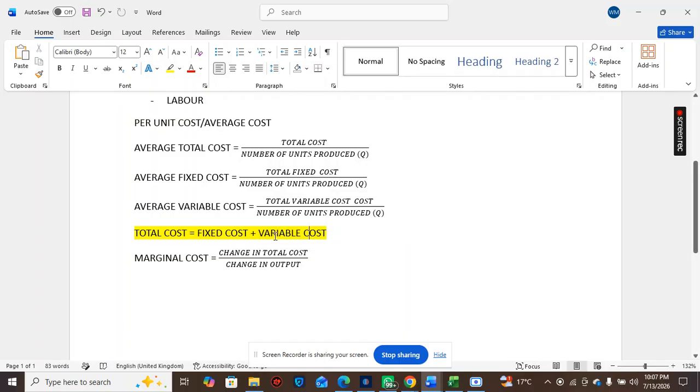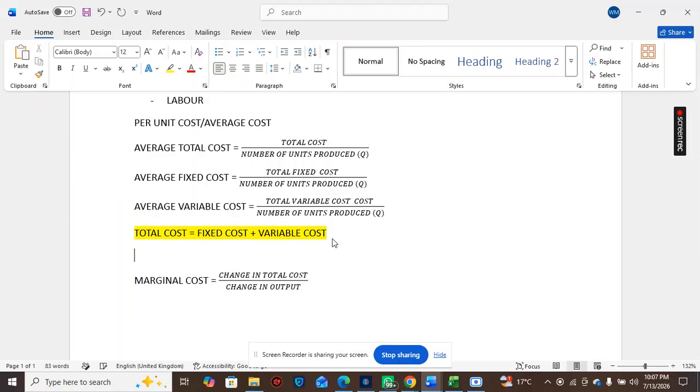So in the question, we already have our total cost, we already have our fixed cost. So we just make variable cost the subject of the formula. And we're going to say variable cost equals total cost minus fixed cost. This is the formula we're using.